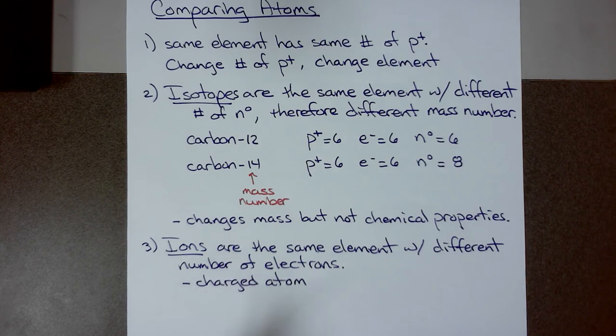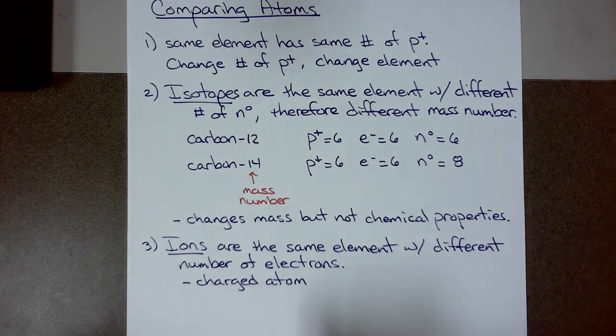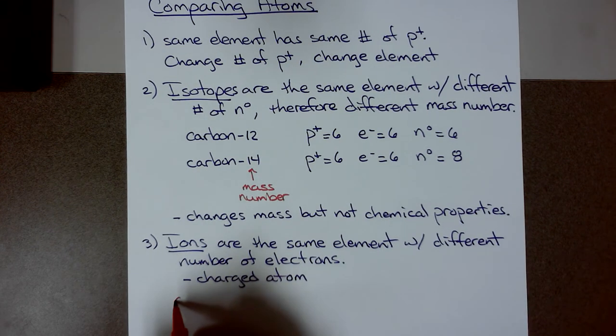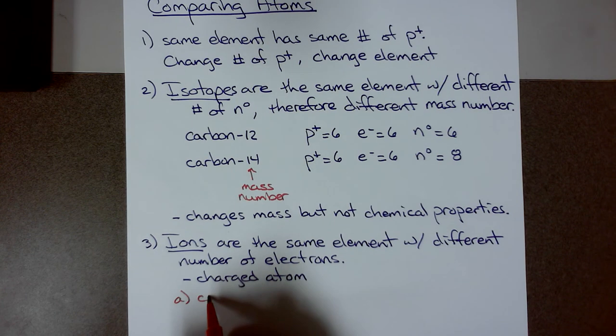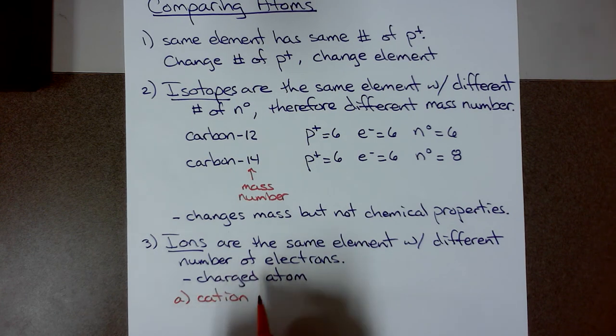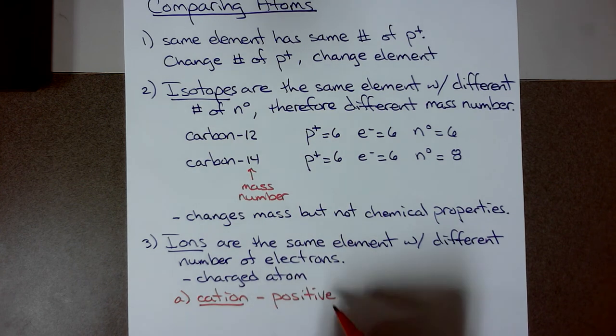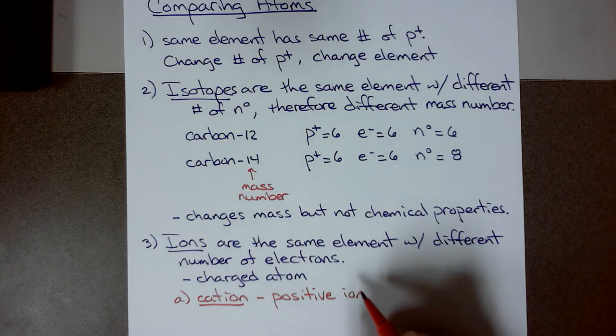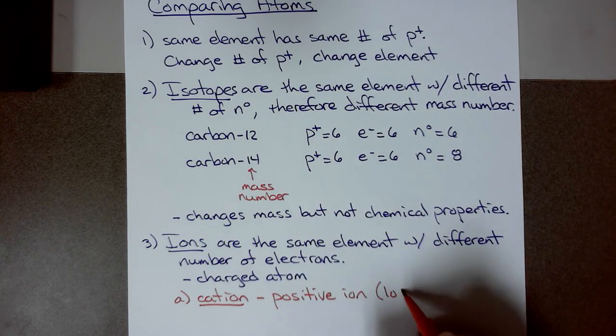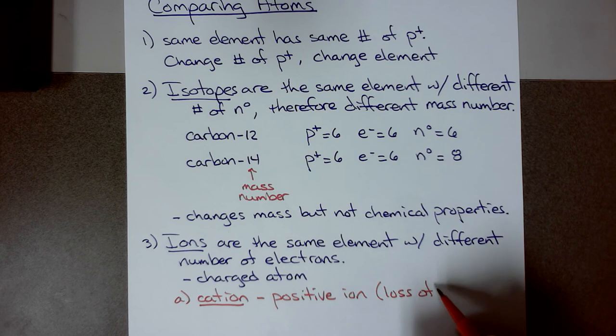The types that we have are cations. A cation is a positive ion in which we have a loss of electrons.